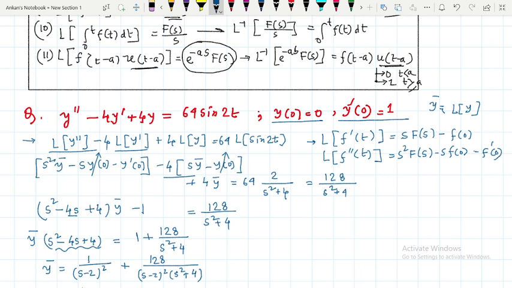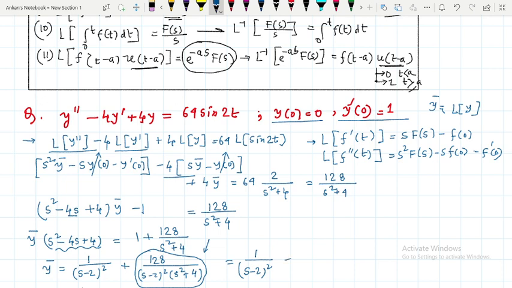Okay, now you have to break this into partial fractions. It is the difficult thing to do in this part, otherwise the problem is very easy.